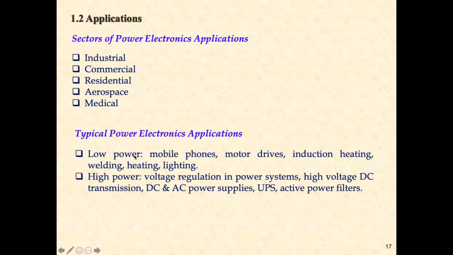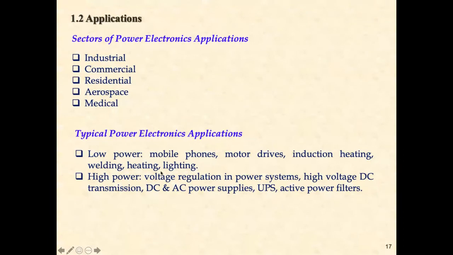And I also mentioned this one, right? The power electronics applications can be classified into 2 types in terms of power level. For the low level, the applications can be mobile phones, motor drives, induction heating, right? I cannot say all, but some of you should have this kind of appliance at home, right?